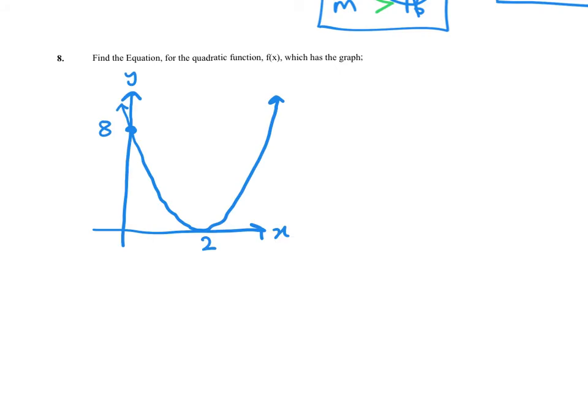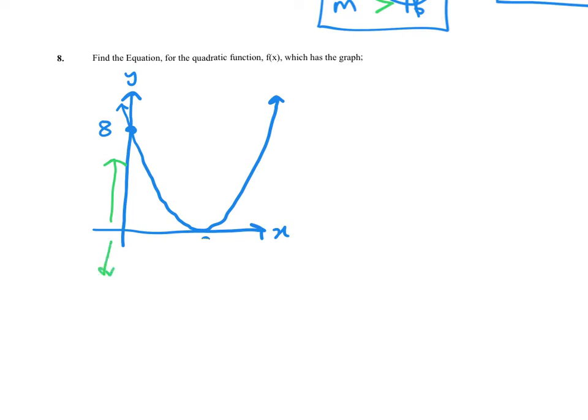Looking at this graph, we know that a parabola, or quadratic equation, can be written in different forms. Looking at this one here, we can see that we only have a horizontal translation, so the graph has been moved along this way, but we don't have a vertical one. The graph hasn't been moved up or down.